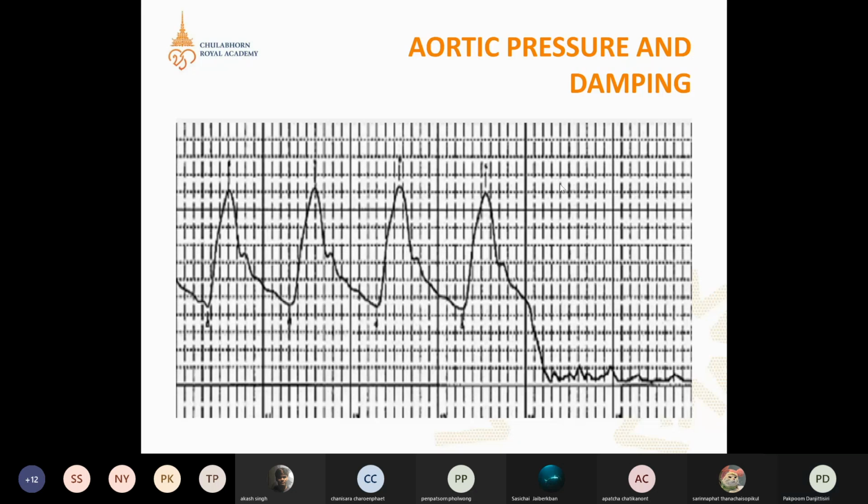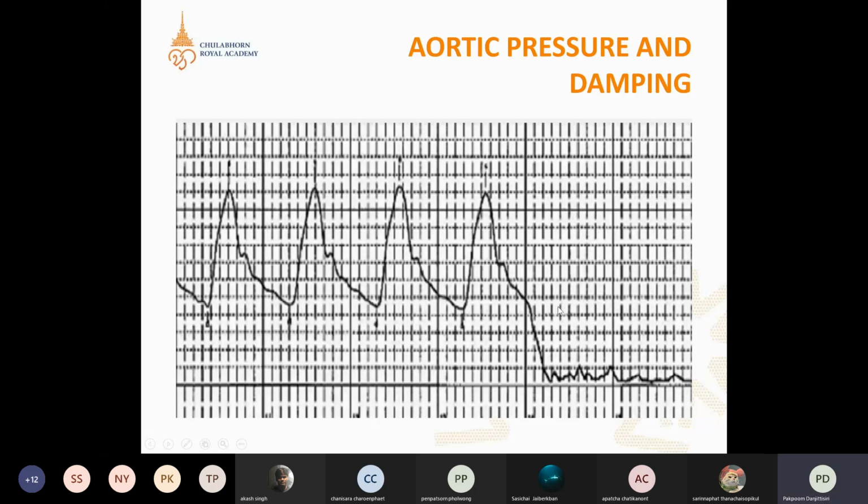The catheter is placed or leaning on the wall and causes the pressure inside the aorta to not get inside the diagnostic catheter properly, so that's why the pressure is showing like this.